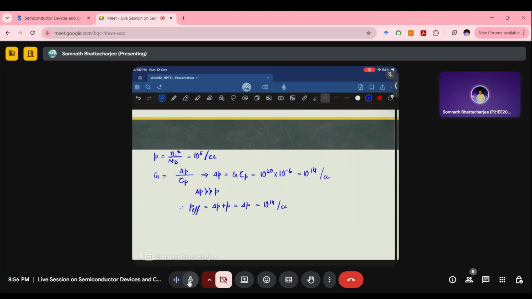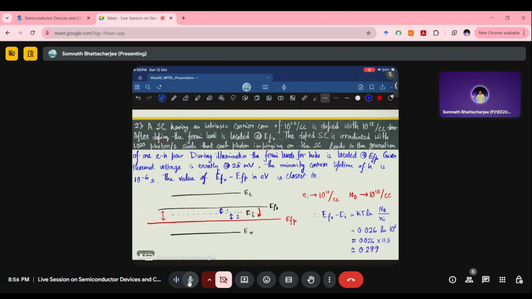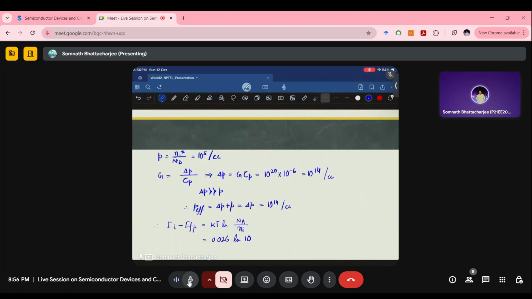While putting the values, we know that EI minus EFP is KT ln of p effective by Ni, or 0.026 ln of 10 to the power of 14 over 10 to the power of 10, so this is 10 to the power of 4.